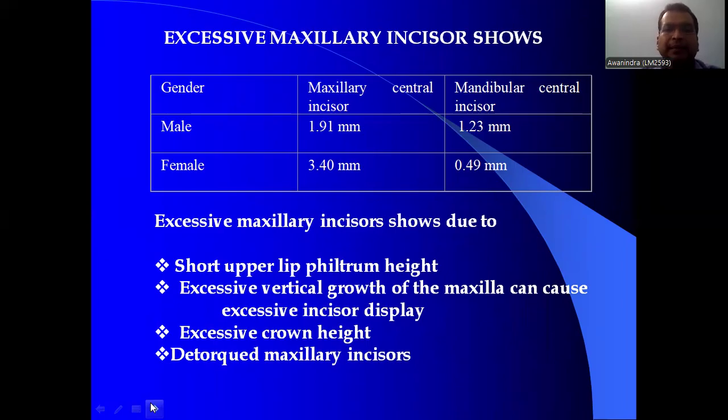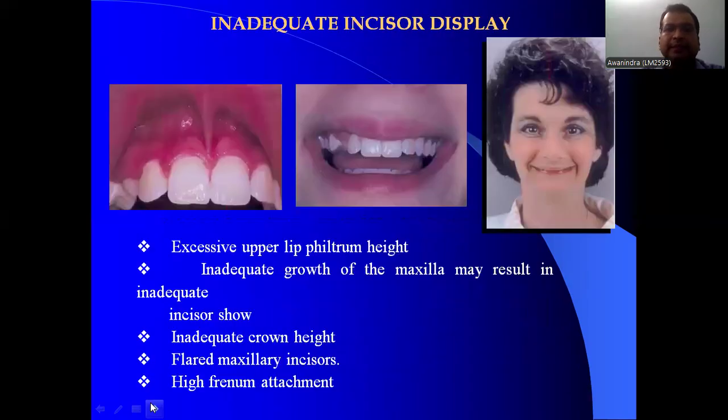Excessive maxillary incisor display shows due to a short upper lip philtrum height. Excessive vertical growth of the maxilla can cause excessive incisor display, excessive crown height, and flared maxillary incisors. Inadequate incisor display you can see when there is an excessive upper lip philtrum height.